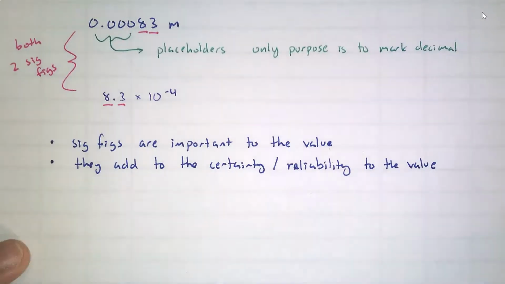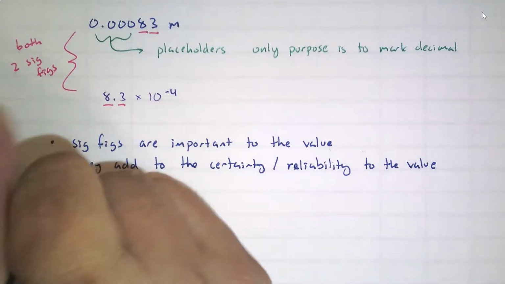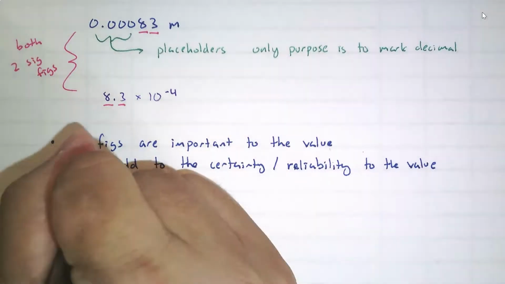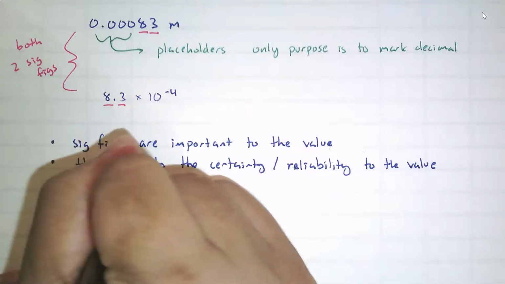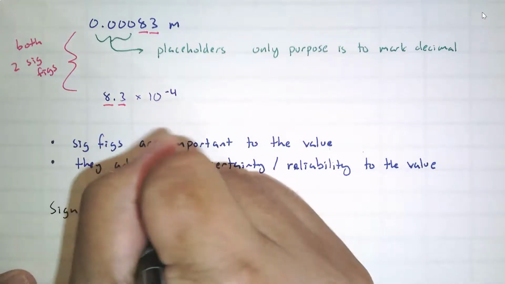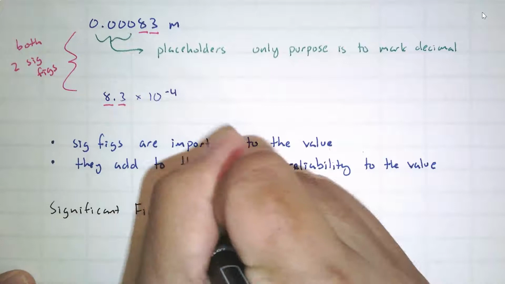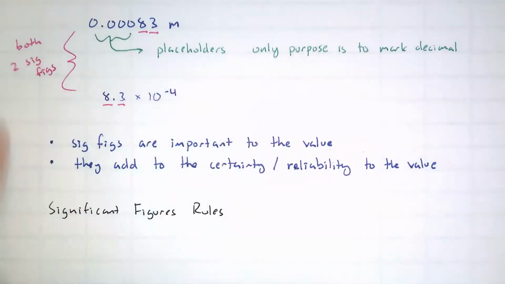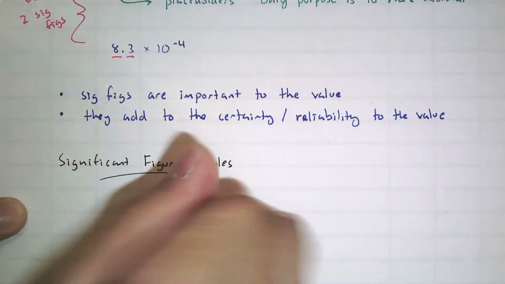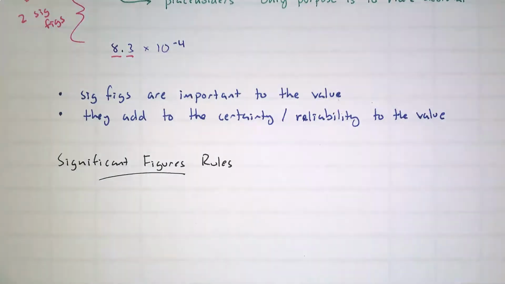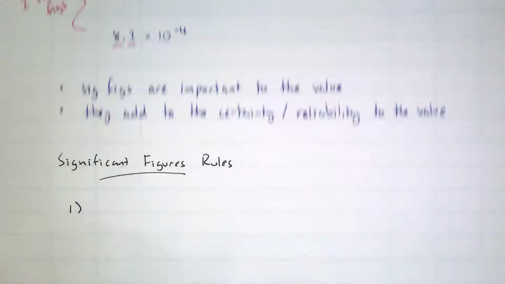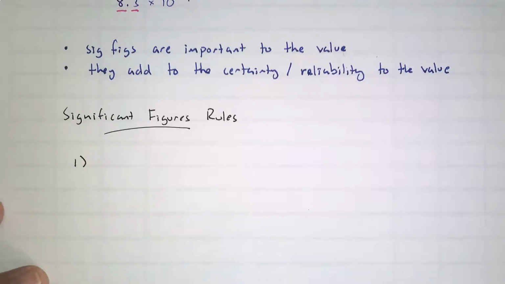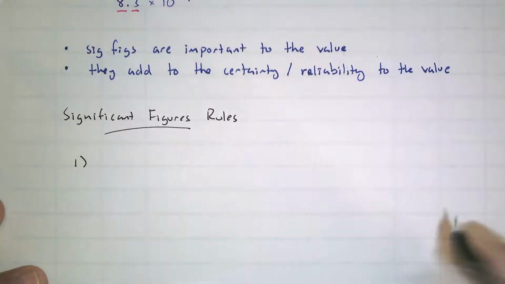I think we're ready. Let's jot down a couple of significant figures rules. The first one is 1. All non-zero digits and zeros in between non-zeros are significant.